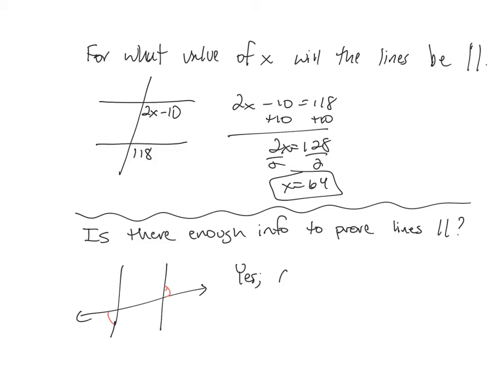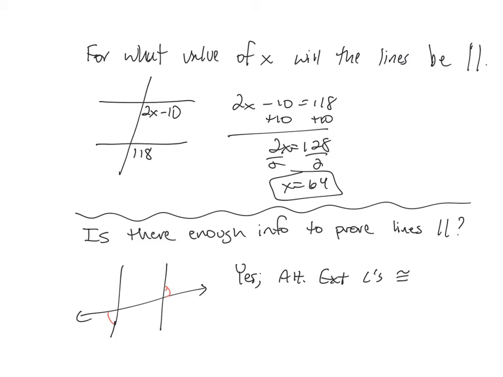Yes, because alternate exterior angles are congruent. Okay, so there'll be a couple pictures, I'm sure, where things are marked, and just remember, it has to be one of those 4 items.